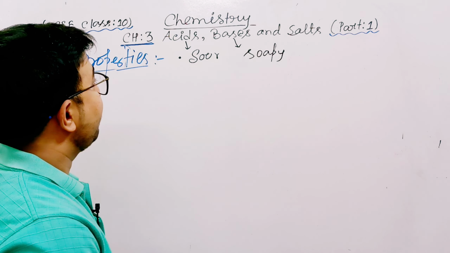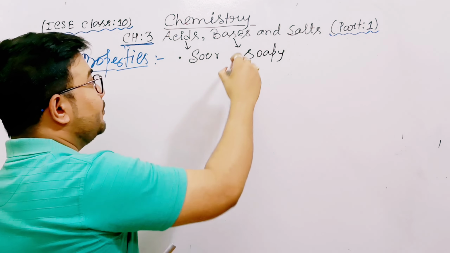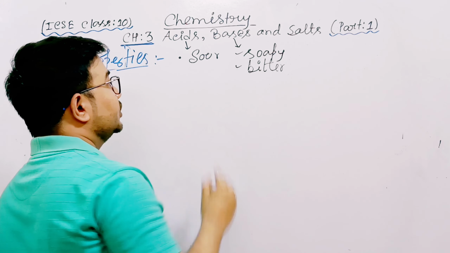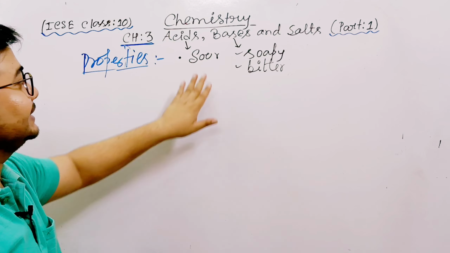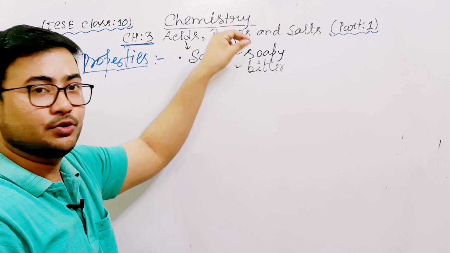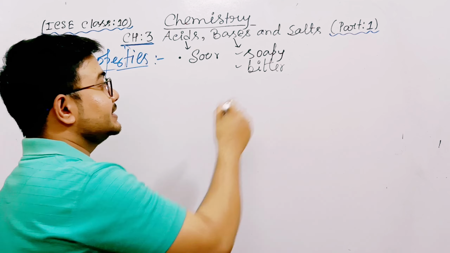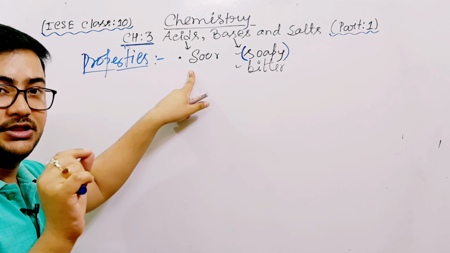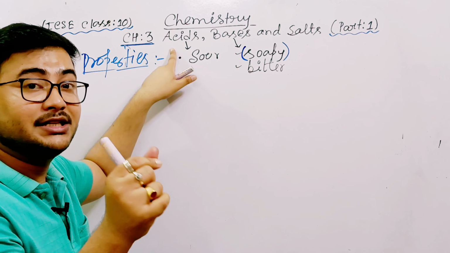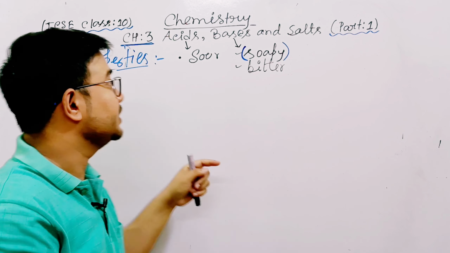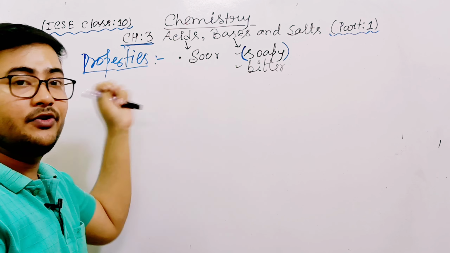Now, the second point about the base: it is bitter. So keep in your mind, acid is sour in taste, base is bitter in taste, and it feels soapy. But that is the touching effect. We can identify a base by touching, it feels slippery, that is soapy, but this is not possible for acid.